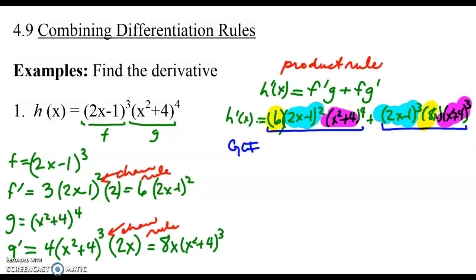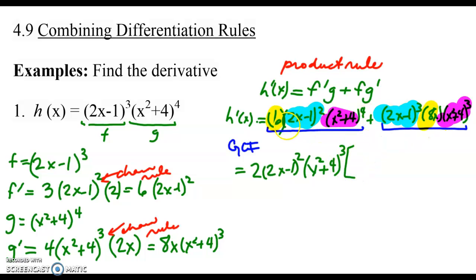Okay, so let's grab a pen, and we are going to take out a greatest common factor. The 2 is going to come out. 2x minus 1, we have 2 here, 3 here, so 2 of those can be factored out. And x squared plus 4, we have 3 in common.